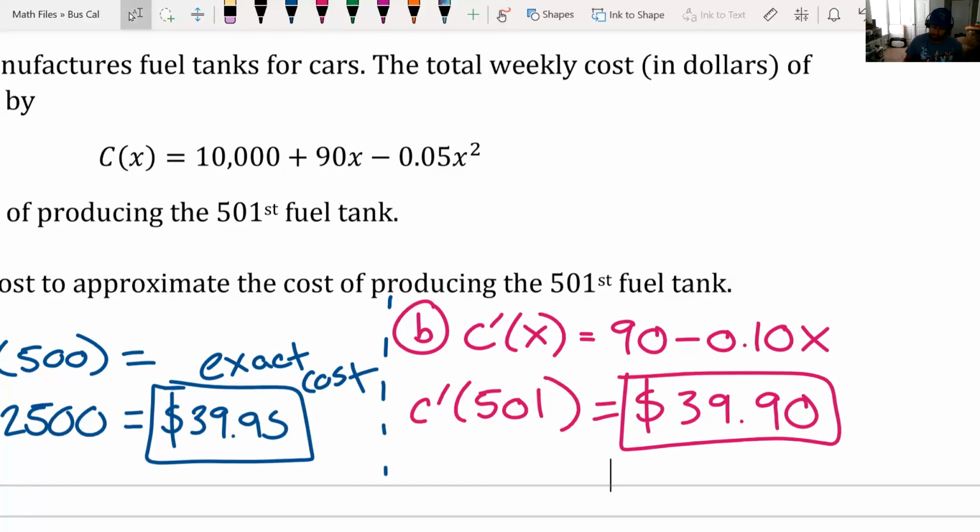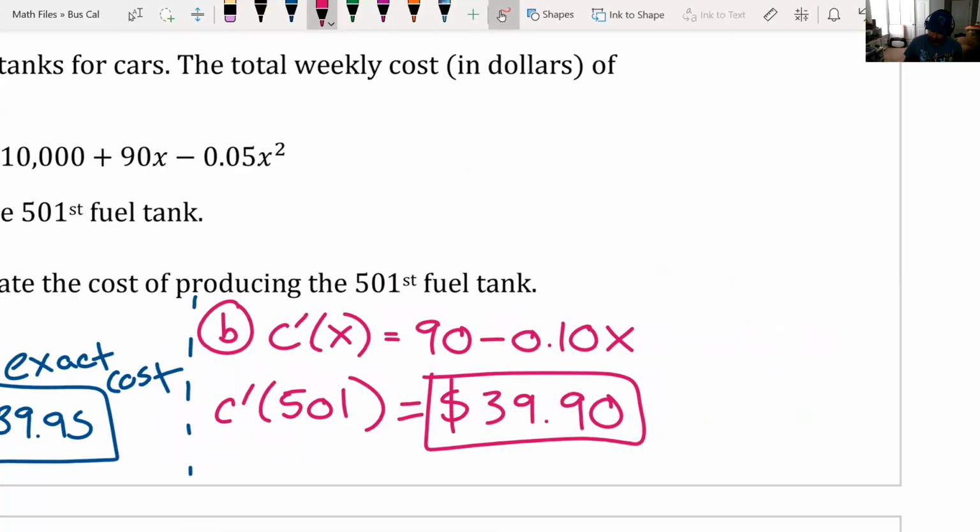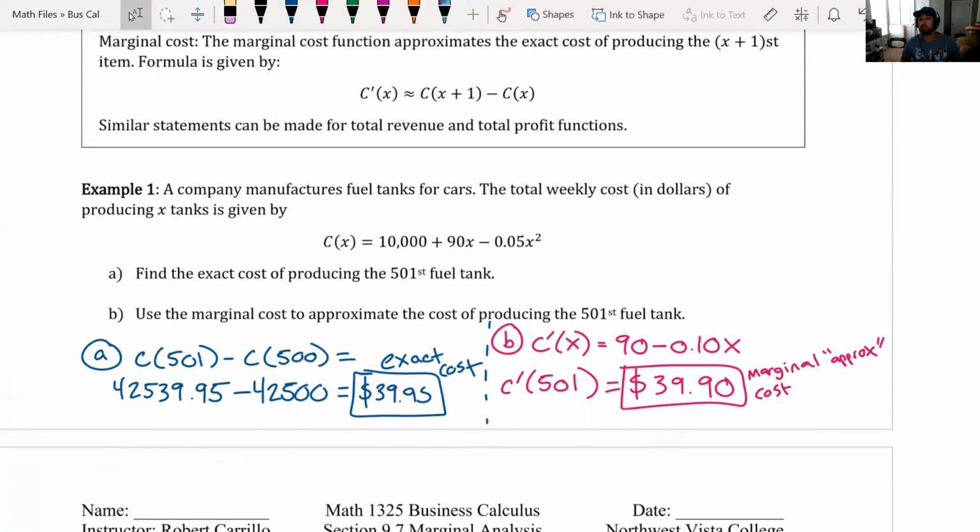And this is the marginal cost, or approximate cost, right? Which we said from the theorem above that the marginal cost is going to be approximately equal to the exact cost.